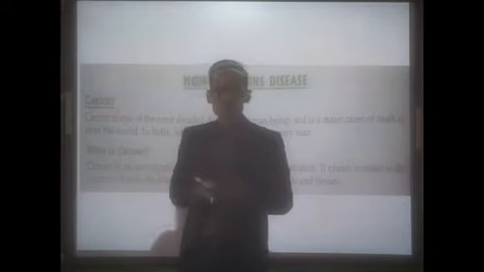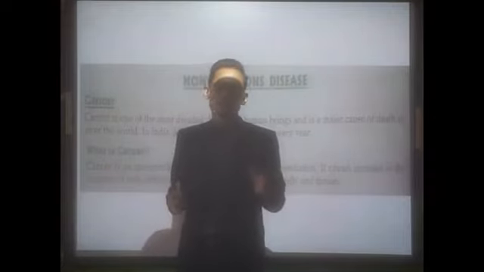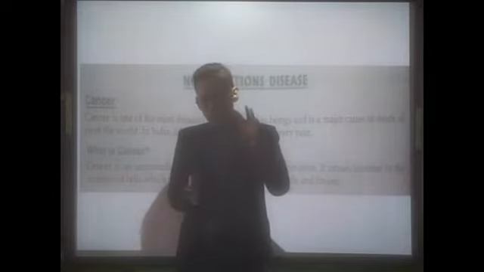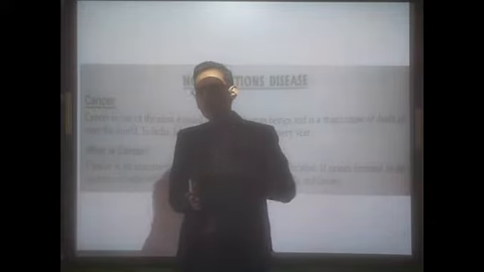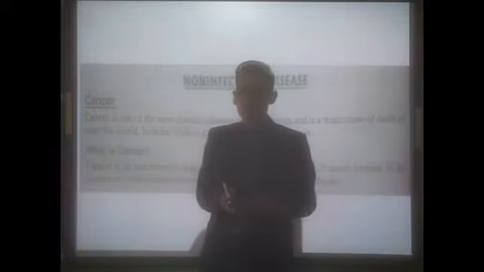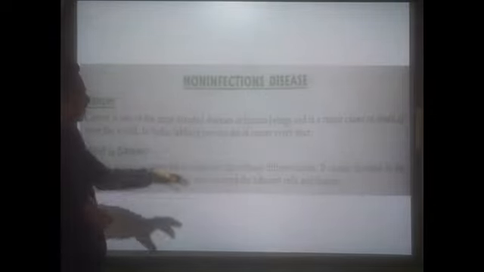But here in cancer, there will be uncontrollable growth of the cells. And those cells which are growing in an uncontrolled manner will not be differentiated, so they will form a lump of cells, which is known as a tumor. So it causes an increase in the number of cells which invade and surround the adjacent cells and tissue.